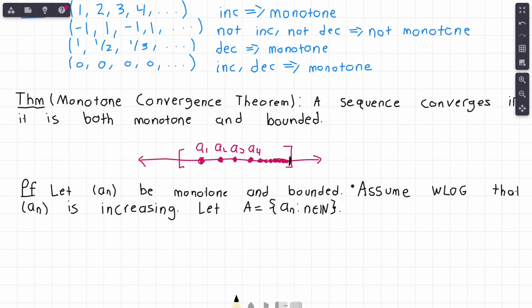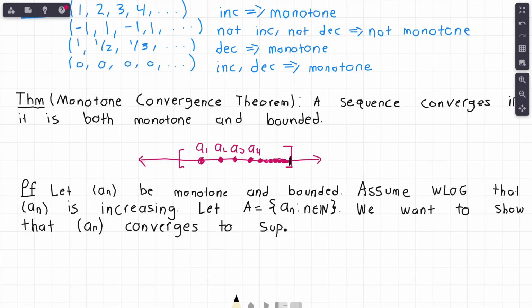So we want to show that a_n converges to the supremum of A. All right, let's show that.